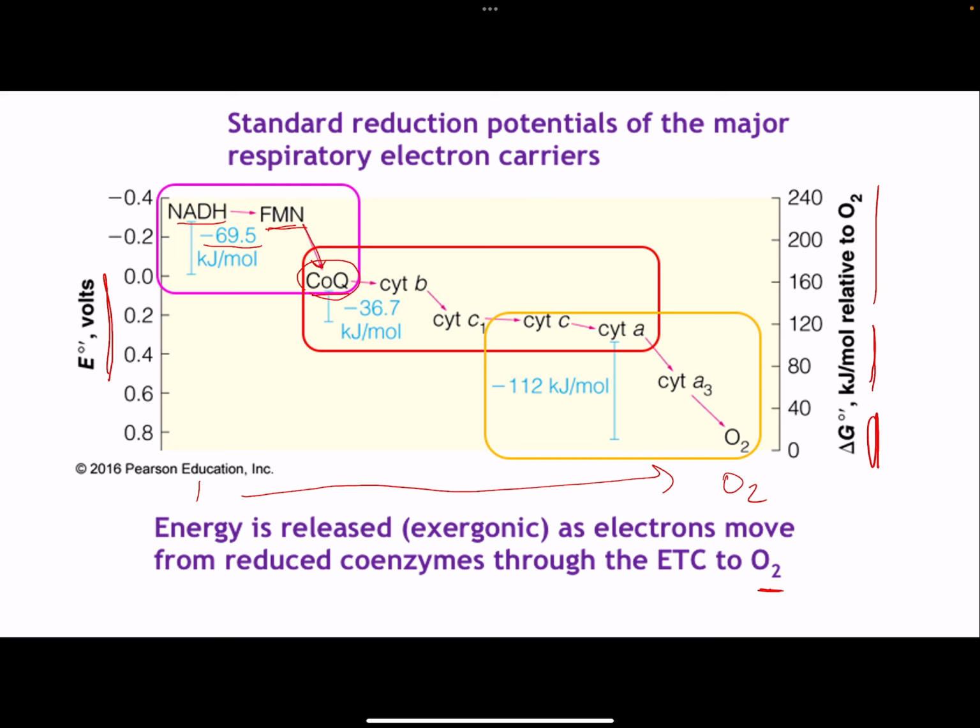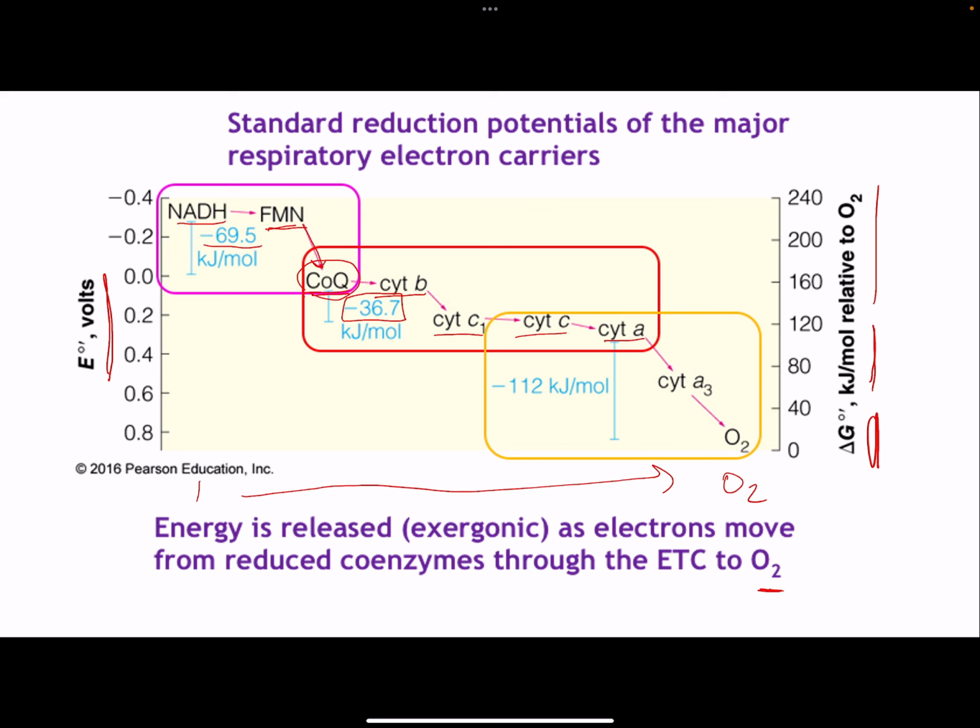So now that we're at CoQ and we have a transfer to cytochrome B, to cytochrome C1, to C and to the A, we see another decrease in the delta G of negative 36.7 kilojoules per mole.